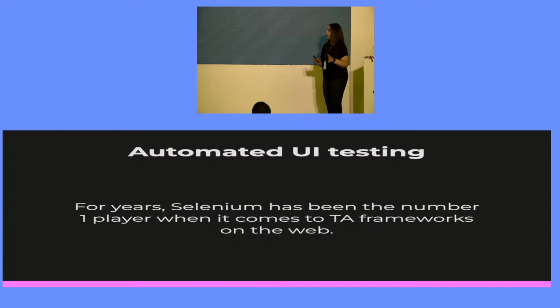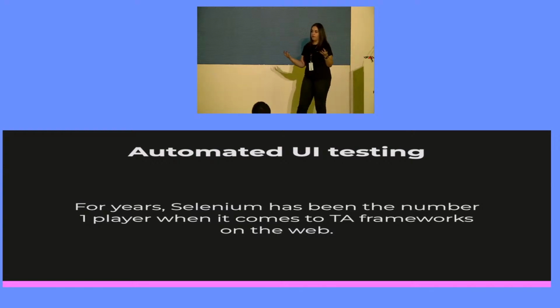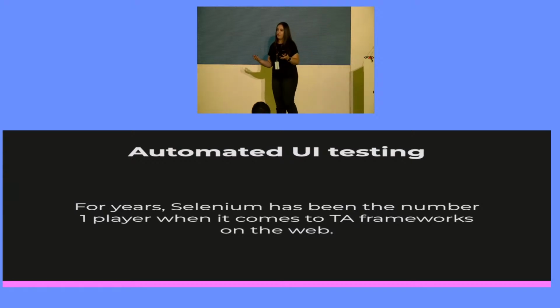So for years, Selenium was the number one. It was the first one coming up as an open source tool, so free for everyone. Everyone can use it without spending money. So it was the best choice because it was the only choice for years.